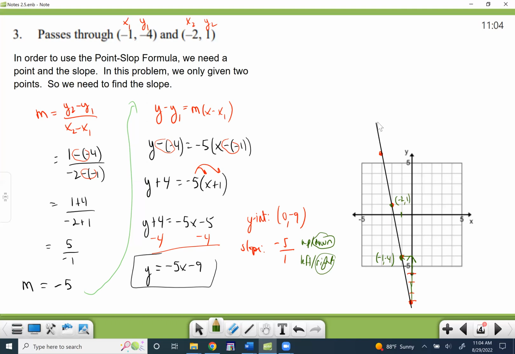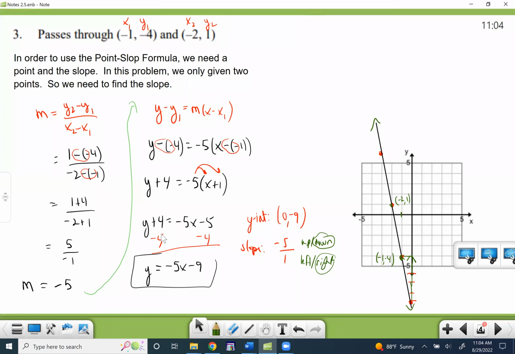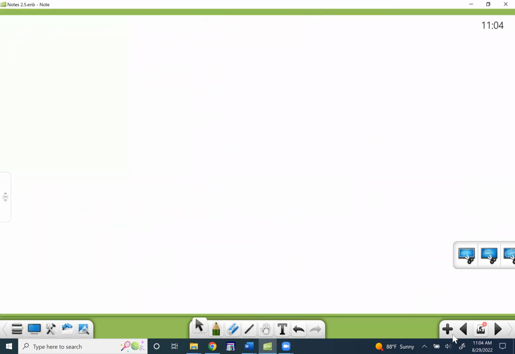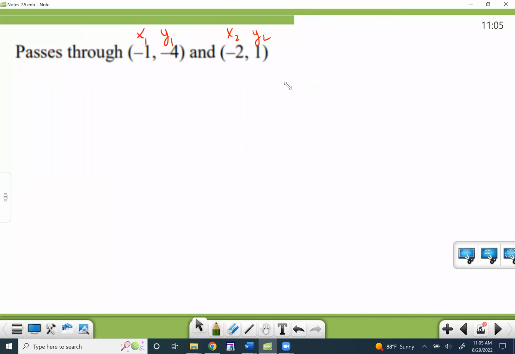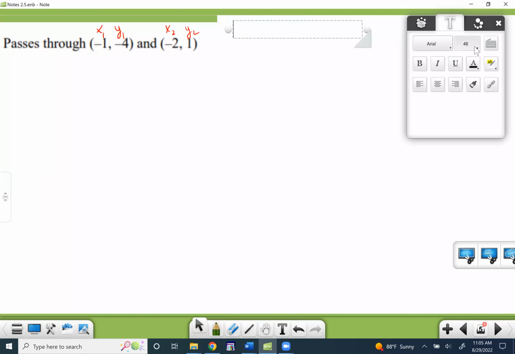Okay, so what I was talking about a second ago, where it doesn't matter which point you use. Let me go ahead and just copy really quickly. Let's do a little screenshot of this. Let's add in another slide here. So comments are, when using point slope, you can actually use either point.